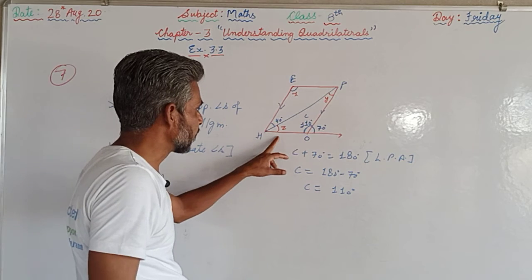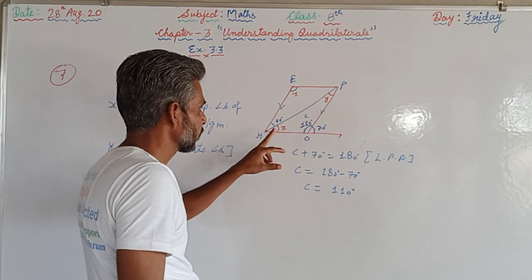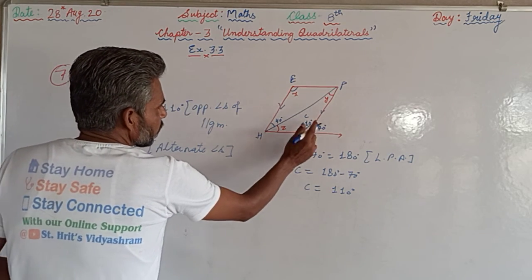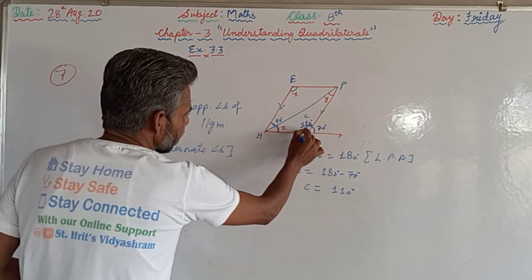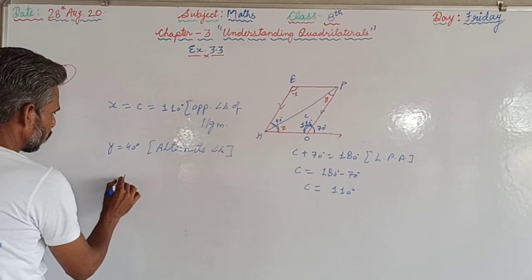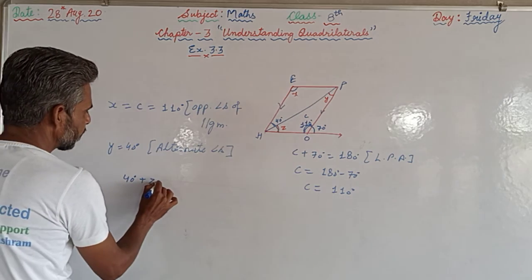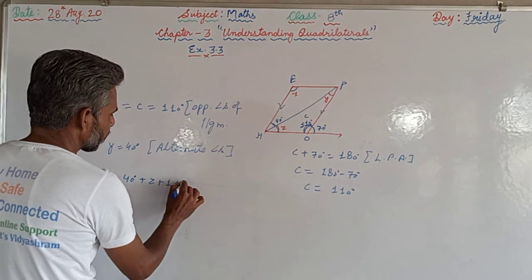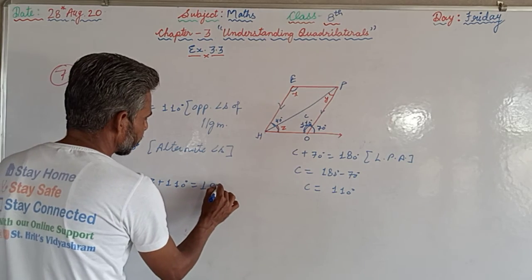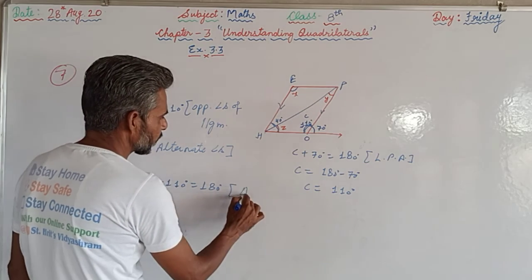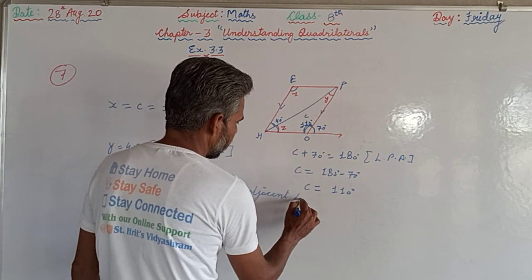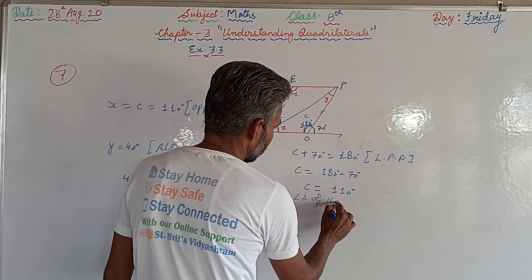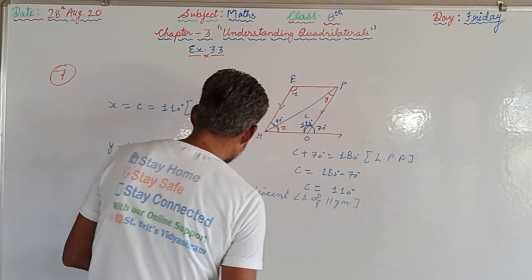So now Z is remaining. What about Z? This whole angle and this whole angle, these are the adjacent angles of a parallelogram. So 40 degrees plus Z plus 110 will be 180 degrees, because these are the adjacent angles of a parallelogram.